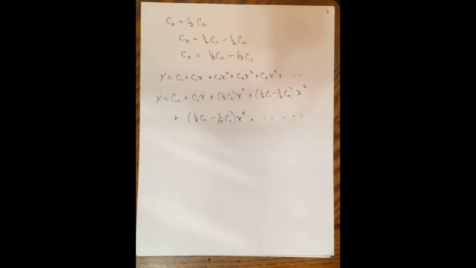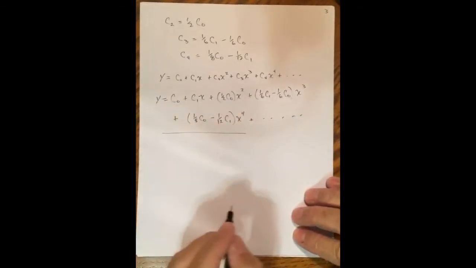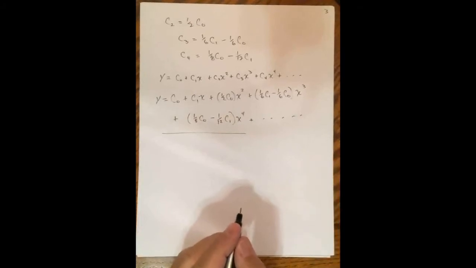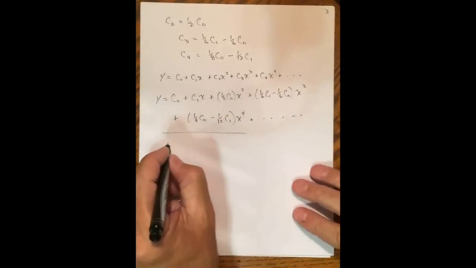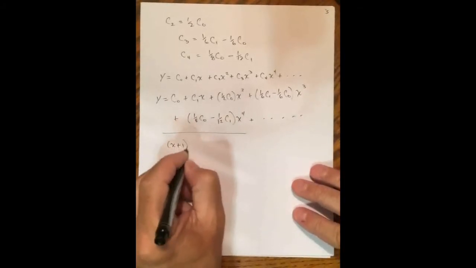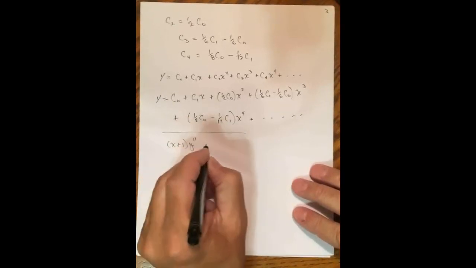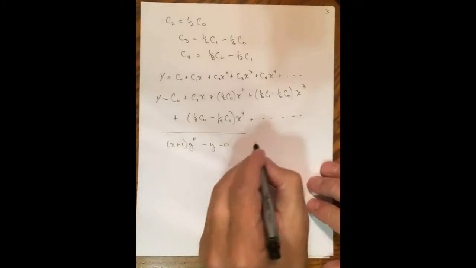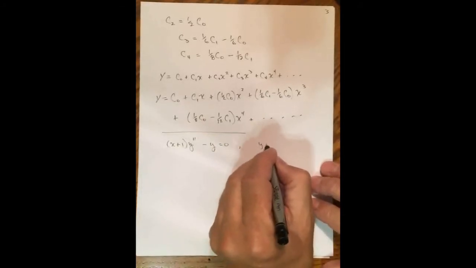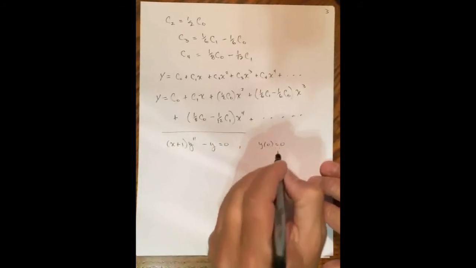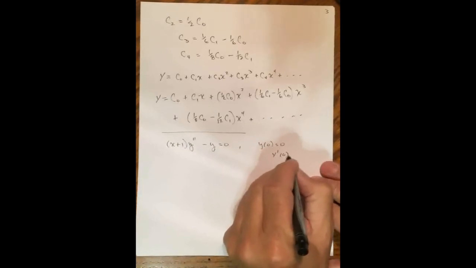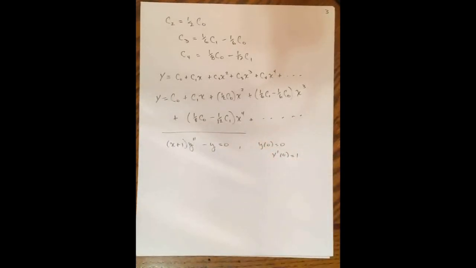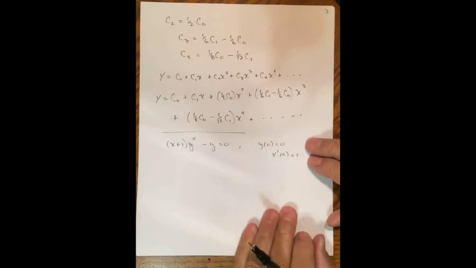Now, let's discuss this. Suppose we had the original problem. There's our original problem, but suppose we were given this information. Suppose it's an initial value problem.